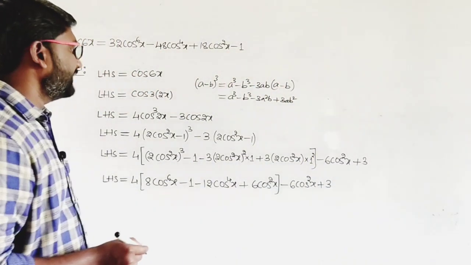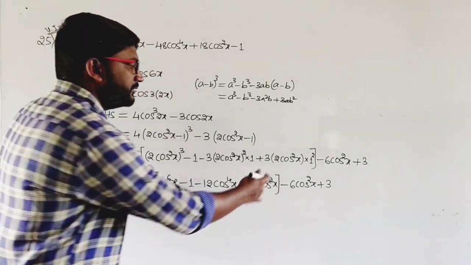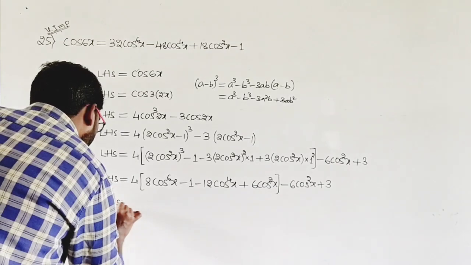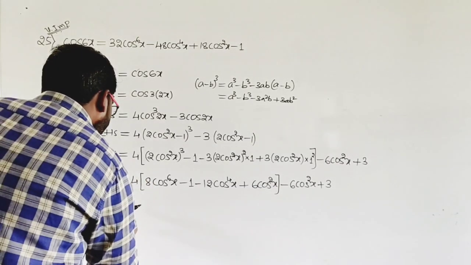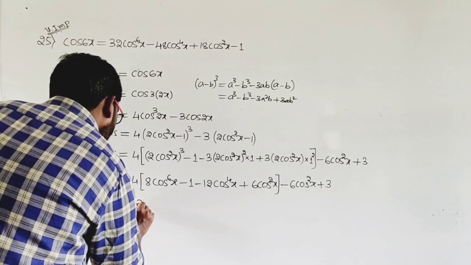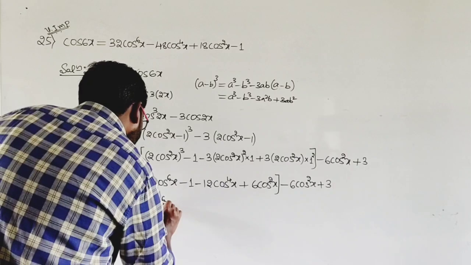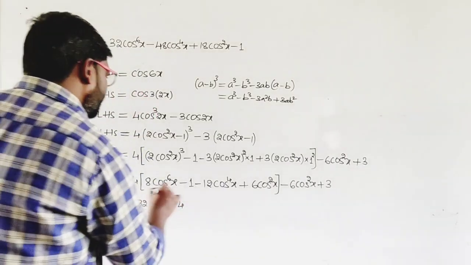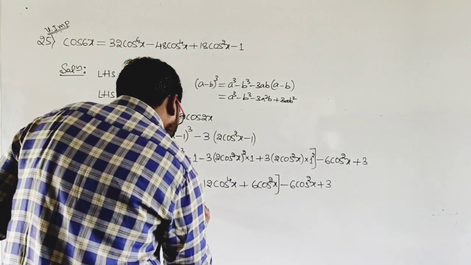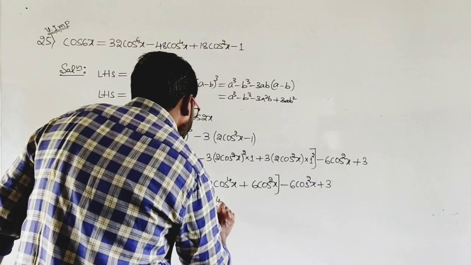Now we have to multiply 4 with all these terms up to the square bracket. Let us multiply 4 now inside the bracket. So here 4 into 8 is 32. 32 cos to the power 6x minus 4 into 12, it is 48, 48 cos to the power 4x.